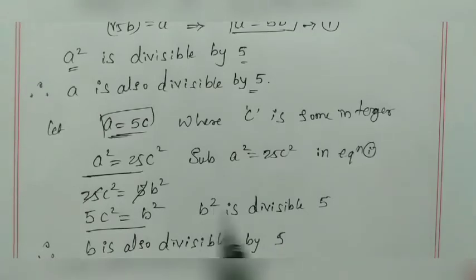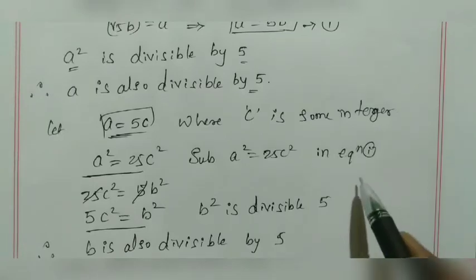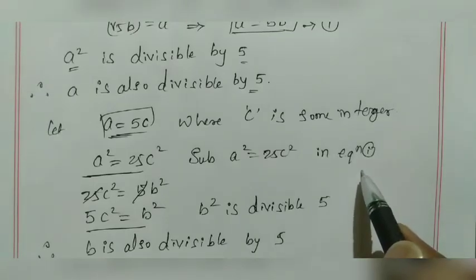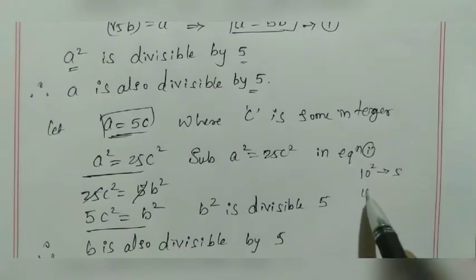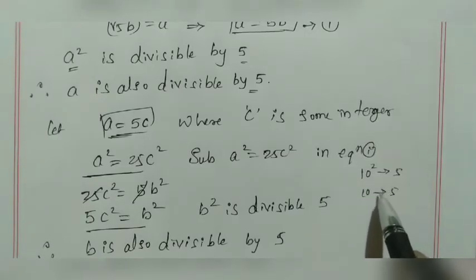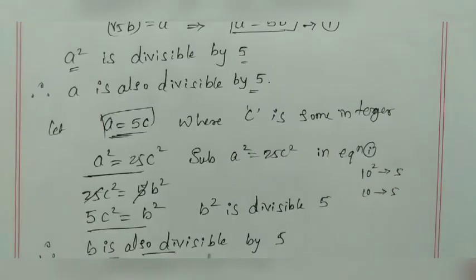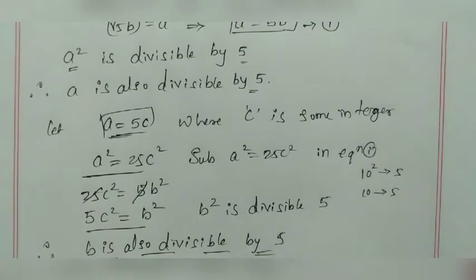Because b squared is divisible by 5 means b is also divisible by 5. For example, 10 squared is divisible by 5, and 10 is also divisible by 5. So like that, b is also divisible by 5.